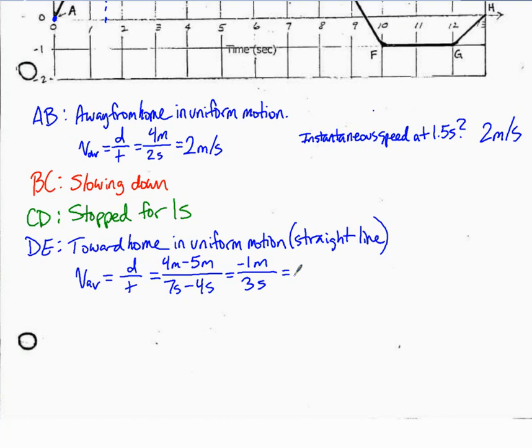Fractions aren't really the greatest thing in physics, so we are going to put this in more the decimal form. This would be negative 0.333, repeating, but I'm going to stop there. And that's meters per second.